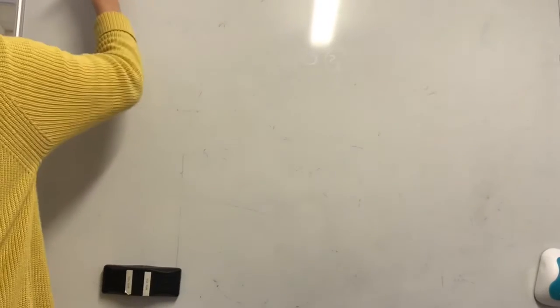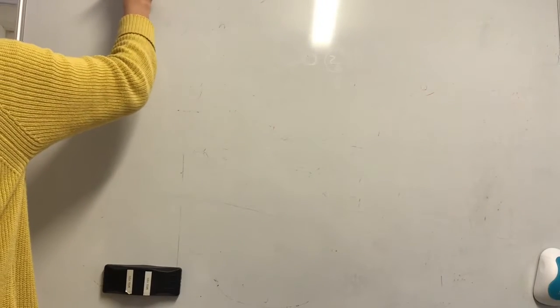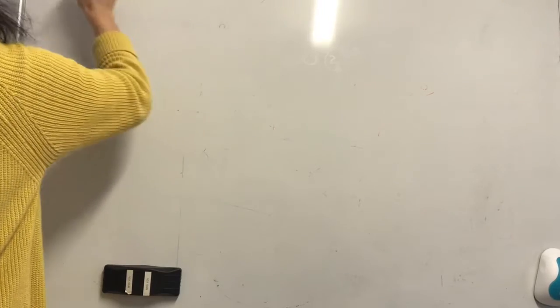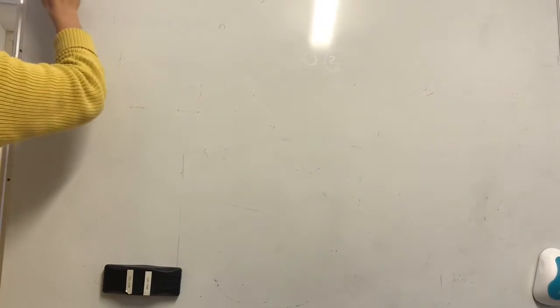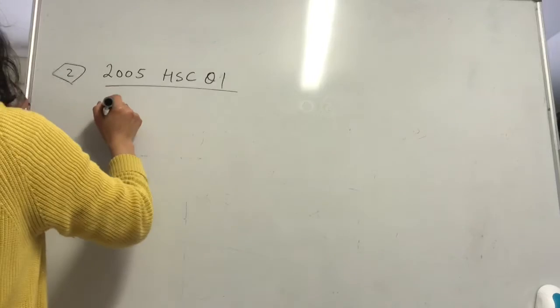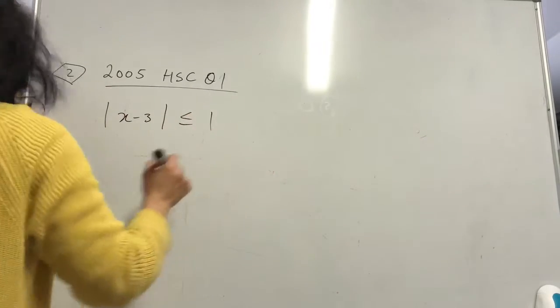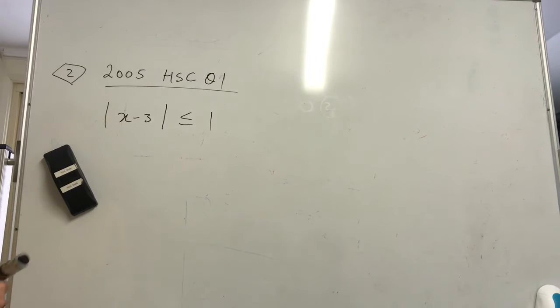So what I'm going to do, this one is 2005 HSC question 1 again, part E or something, and it's 2 marks. So we are finding our x values of this inequality.